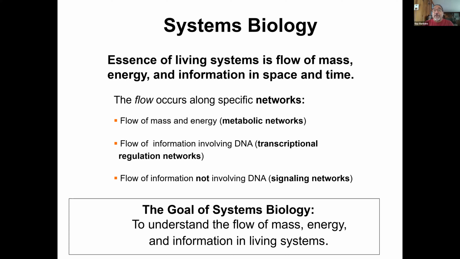For example, when we think about mass and energy from a biological perspective, we're thinking about metabolism. How does the pizza you ate last night influence your digestive system? What gets absorbed into the blood? How are those nutrients dispersed through your body?